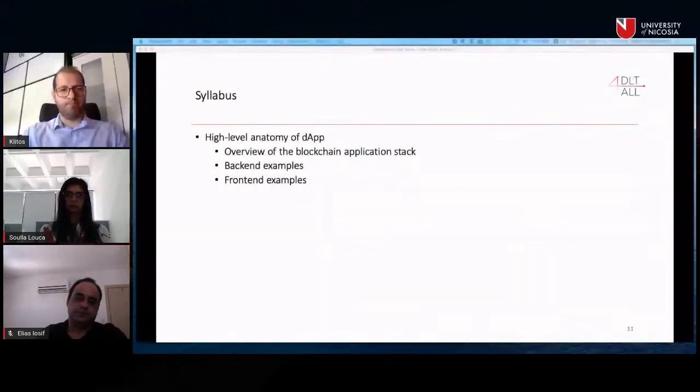And these layers support various properties, including privacy, scalability, interoperability, also the incentivization mechanisms that are built into such protocols, but also governance and energy efficiency.